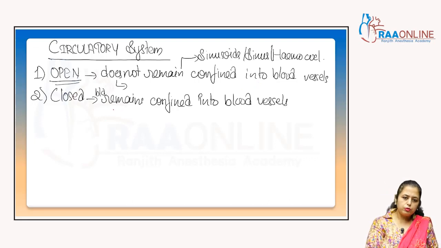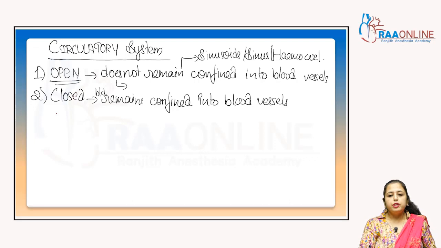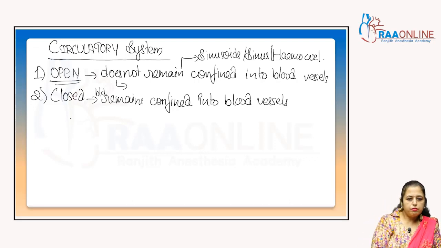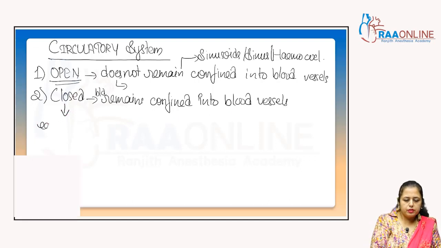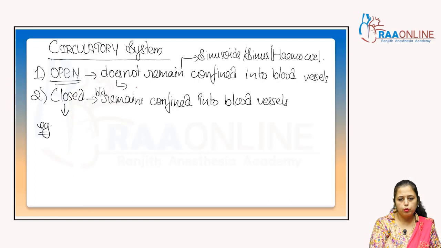When we talk about the closed circulatory system, we know that the blood remains confined in the blood vessels, right? And the examples are more important for both closed and open, right?